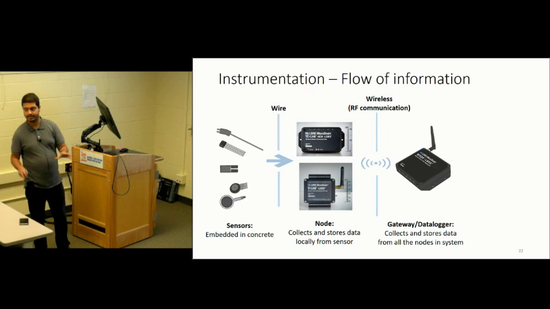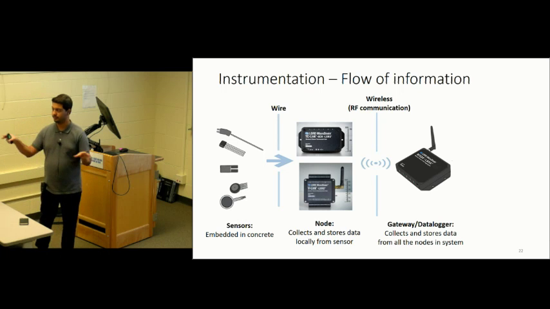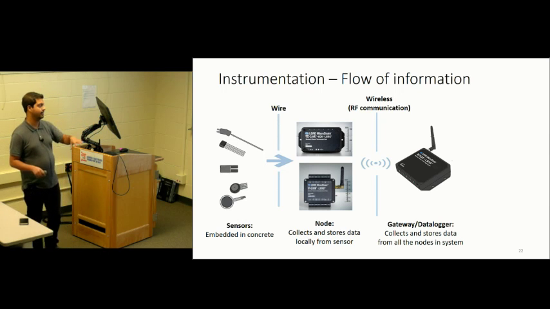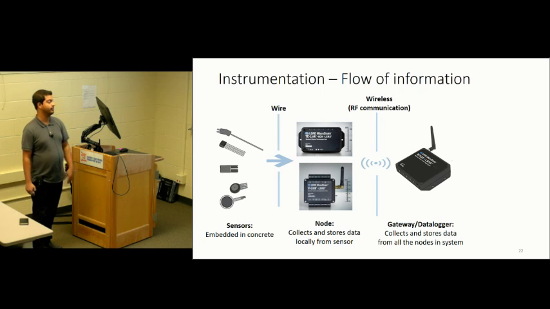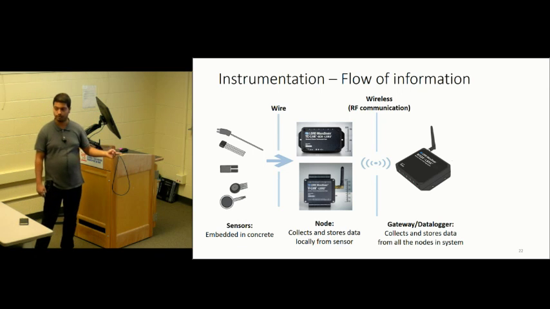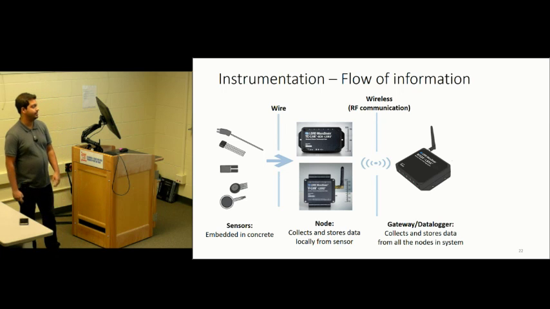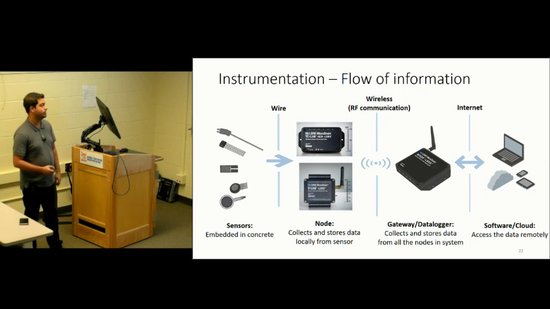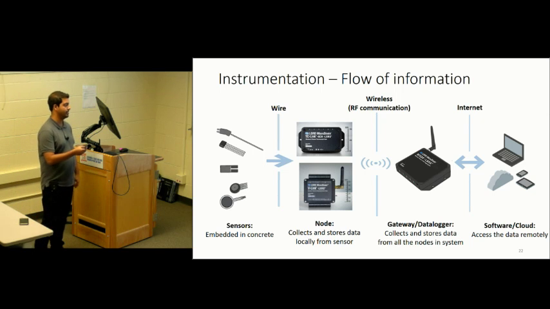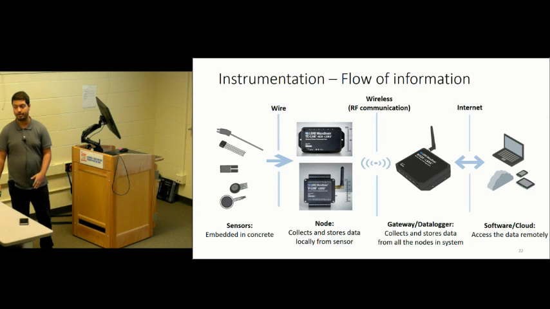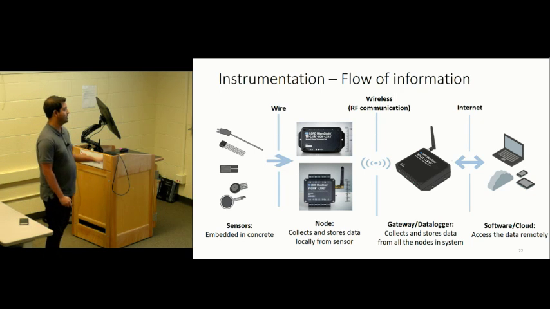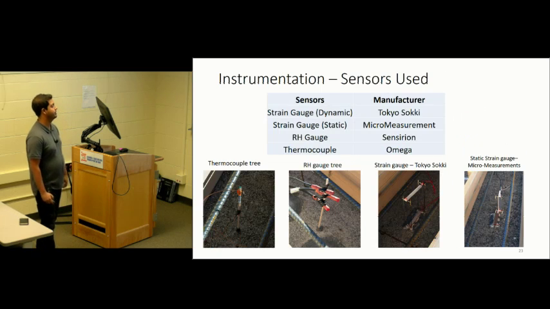And the data logger collects the data from all the different nodes. One data logger can control a large number of nodes. It depends on what node we are using, strain gauge, temperature, and what the sampling rate is. And these data loggers are then connected to the internet, through which we can use the software or the cloud and access the data remotely from anywhere. So that's the flow of information using the instrumentation.